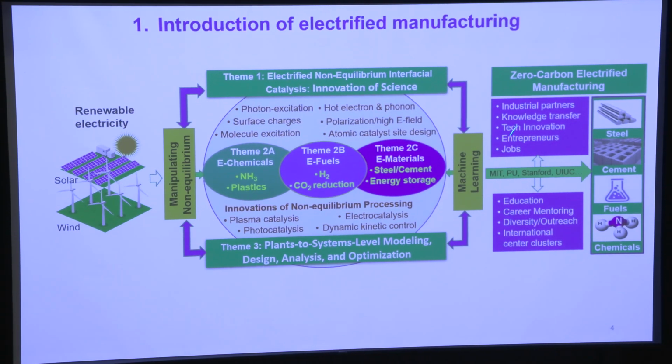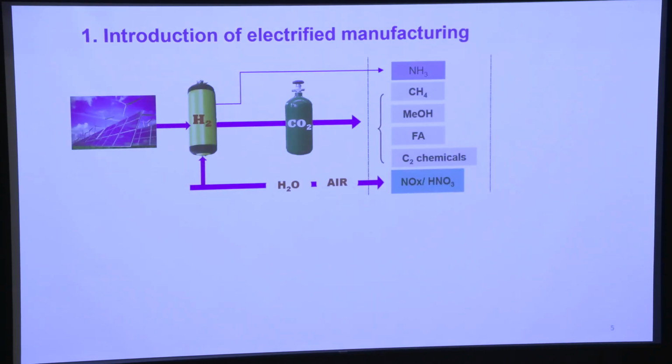And then we try to do industry collaboration with MIT, Princeton, Stanford, UIUC, and the education part, to address this. So this is something where we want to develop a team and understand how non-equilibrium plasma can be used to do electrified manufacturing processes.